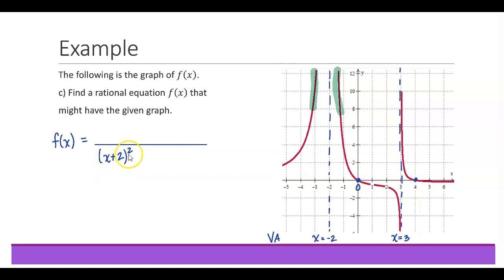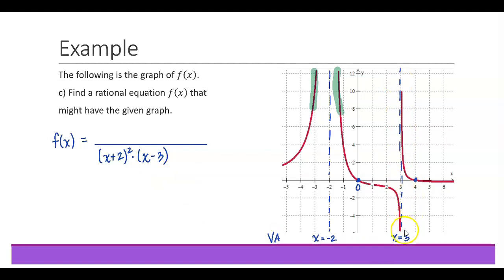So we have x plus 2 squared. And from the second vertical asymptote, x equals 3, I know there must be another factor on the bottom, and that factor has to be x minus 3, because the only way to get x equals +3 is to set x minus 3 equal to 0 and add the 3 to the other side.